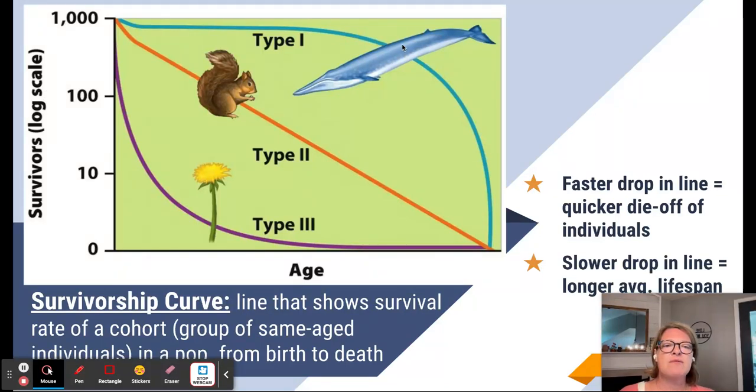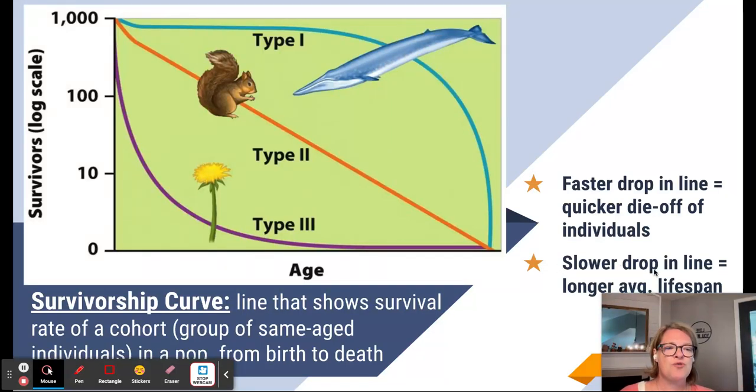As individuals age, the number of survivors decreases. With humans, some of our oldest living people are 100 and some years old currently, so we have very high survival with type 1 organisms at the younger ages, but as they start to age, they begin to die off.